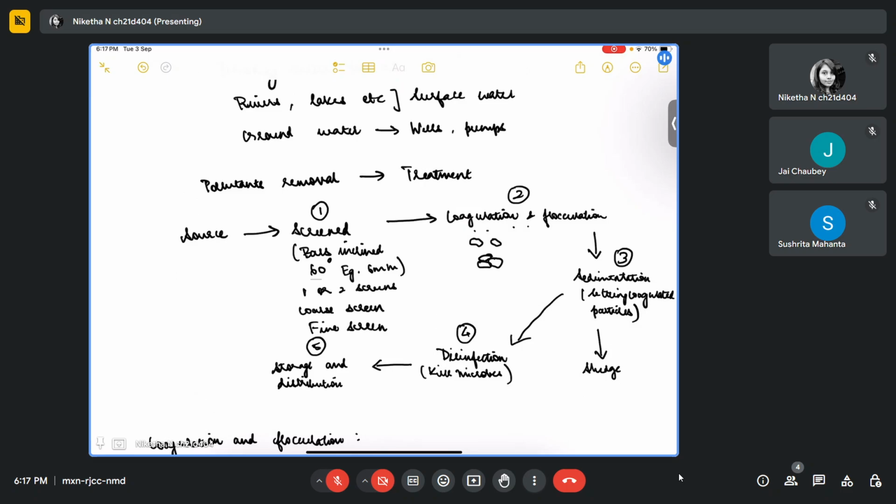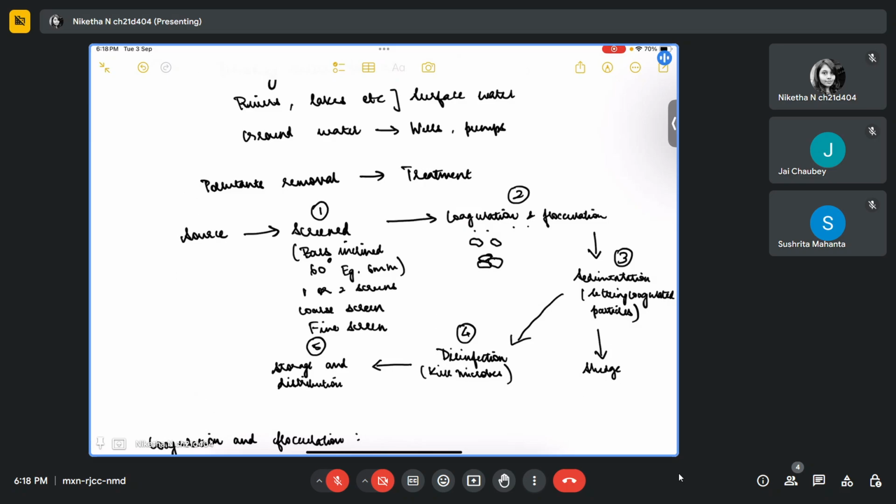Okay. After this, we will do coagulation and flocculation. Coagulation and flocculation is done to remove dissolved solids and maybe some colloidal solids also. In this process, we will add a coagulant like alum, and then we will try to flocculate it. Coagulation means turning the suspended particles into big size flocs, and then bringing them together is flocculation.